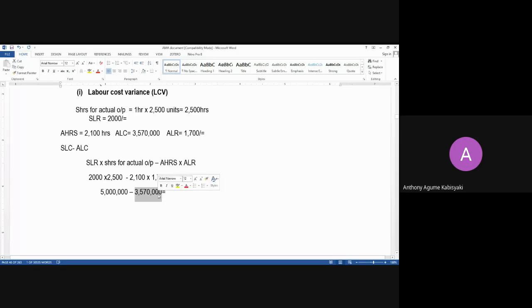So there is a variance, and it is favorable because I spent less than I had planned to spend to get the planned level of output. The difference is 1,430,000, a favorable variance denoted with the letter F.